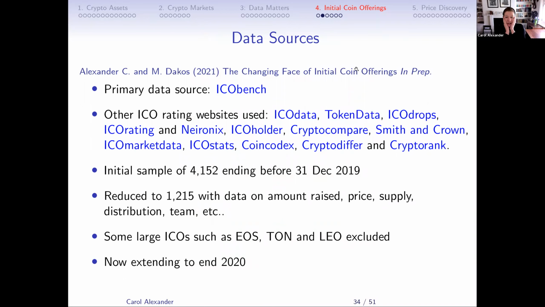So in this section, I'm just going to be talking about the paper that I'm preparing with Michael on the changing face of initial coin offerings. There's been a huge amount of research. If you just look at Scopus or Google Scholar or whatever, I was at the beginning of developing GARCH models.